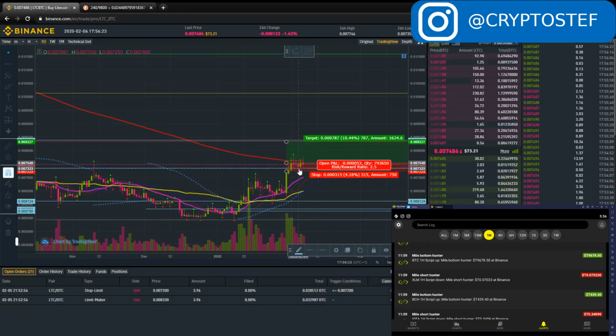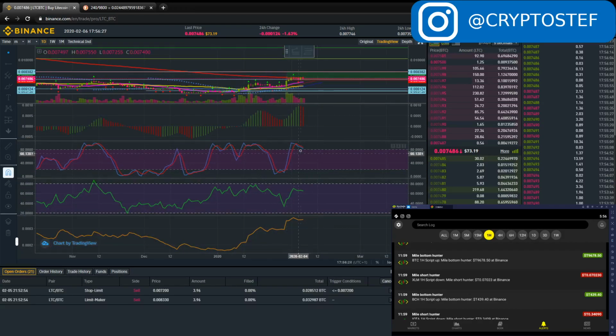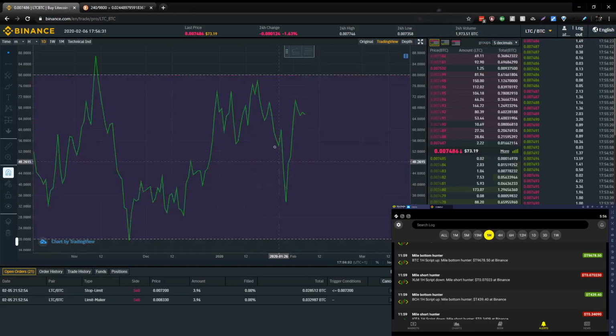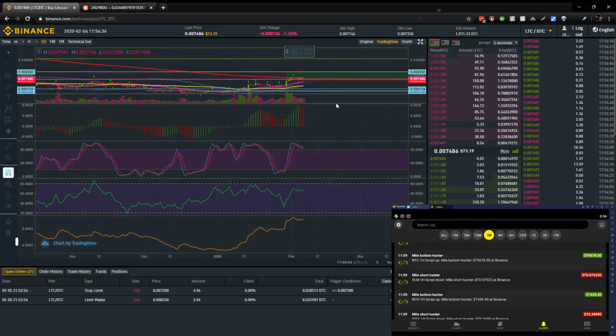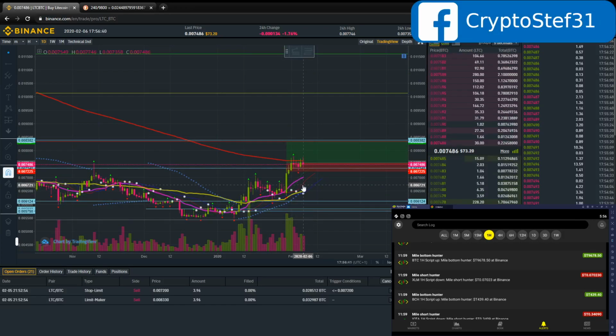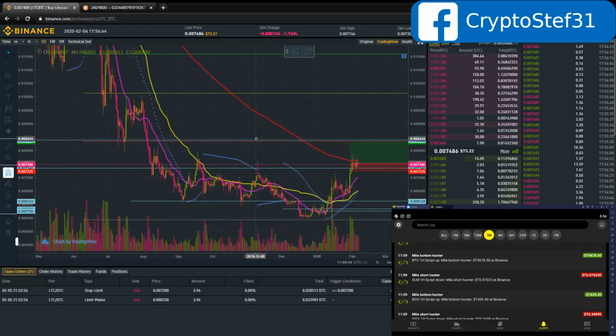And LTC is in some kind of consolidation on the daily, bearish crossover, but no bearish divergence yet. Probably this, yeah. So there is some kind of bearish divergence, but the alligator is telling me that there is bullish continuation, also this crossover.